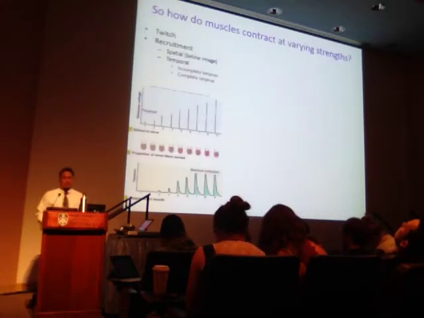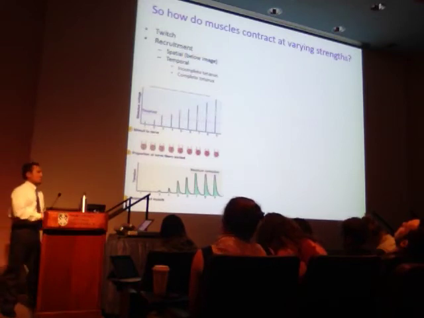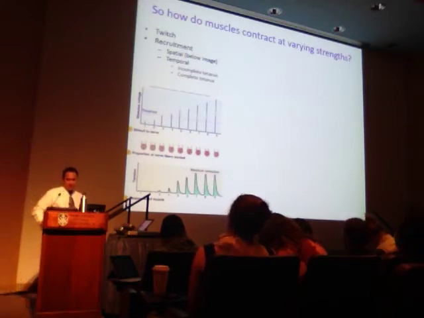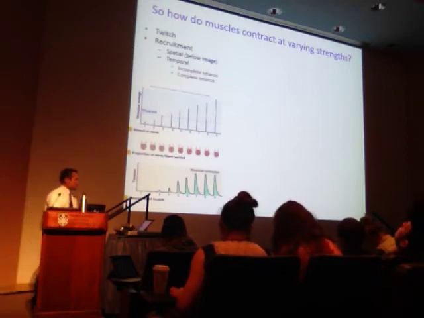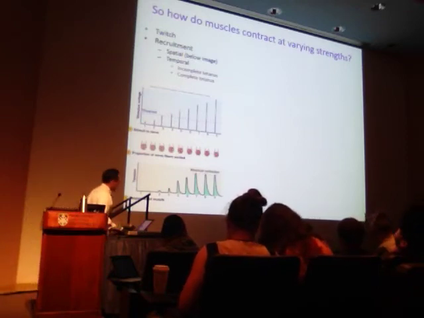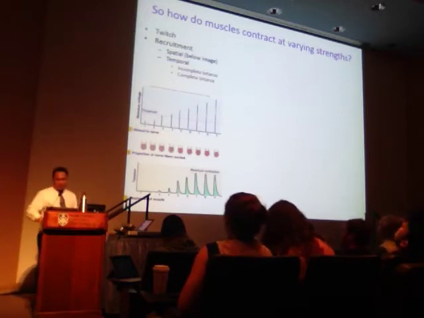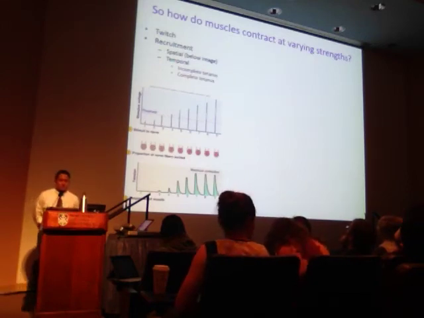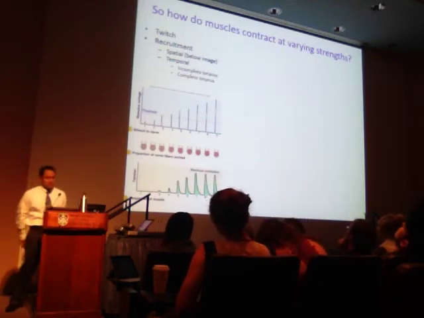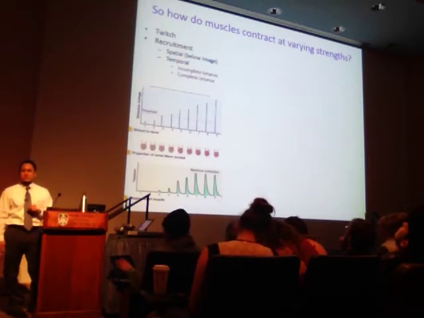Okay, so how about this concept? Why, then, do muscles contract at varying forces? Varying forces, or varying strengths is another way to look at it. So on the left side of this slide, what we're showing is some details around a muscle twitch. Okay? A twitch is a single firing of an action potential, or a stimulus.